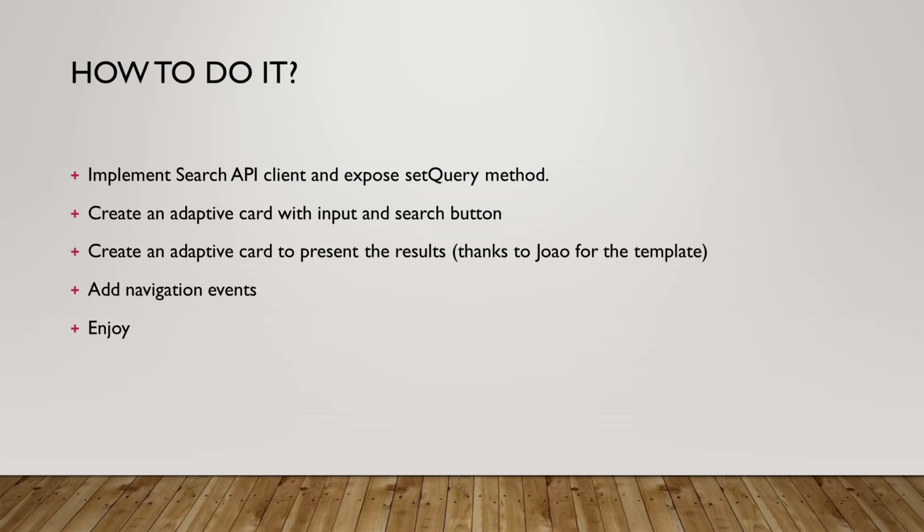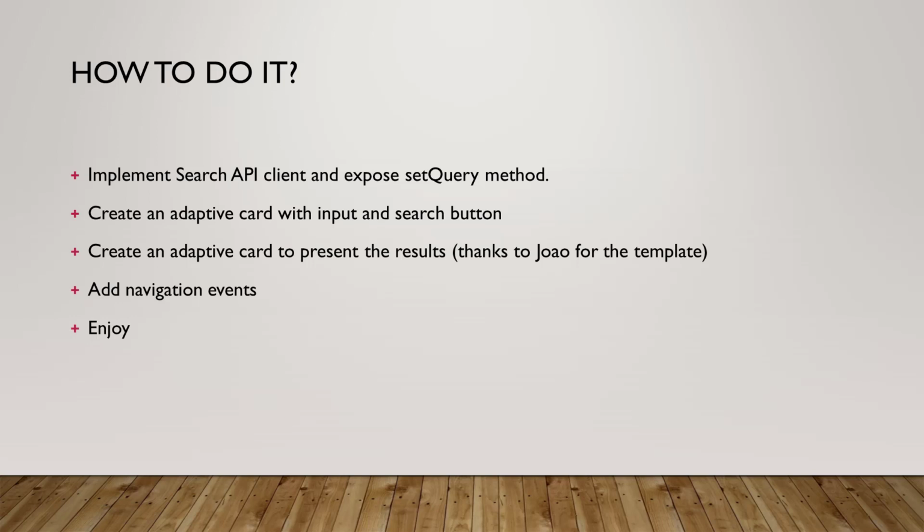Once we have that, we need to create the adaptive card extension. I didn't pay much attention, to be honest, to the card itself. I focused on the quick view, and in that quick view, we need to define our search input and our search button. Finally, thanks to Jean, I was able to implement, or actually copied from his solution, a very lovely quick view to render the documents that are the results.